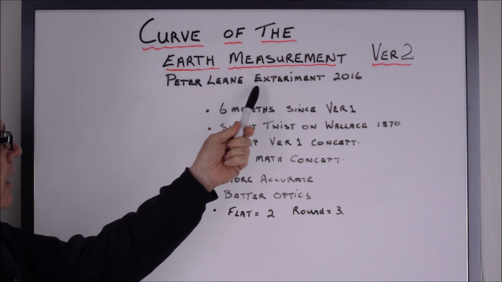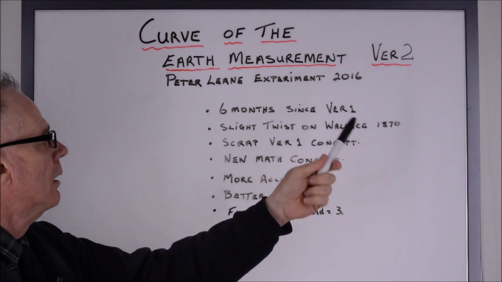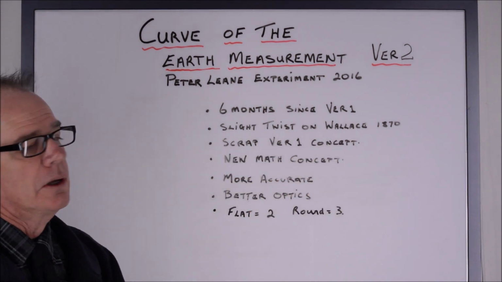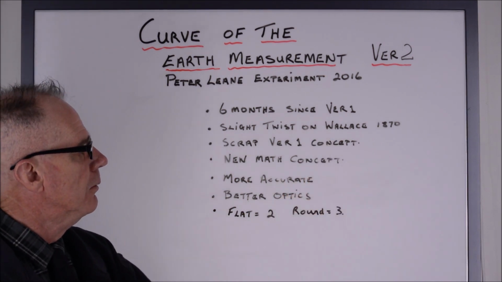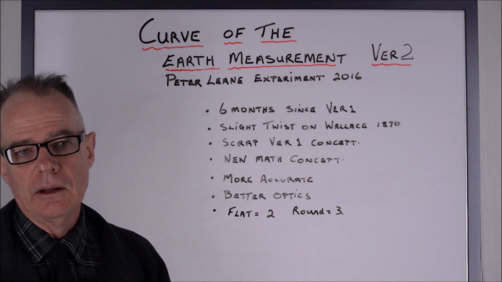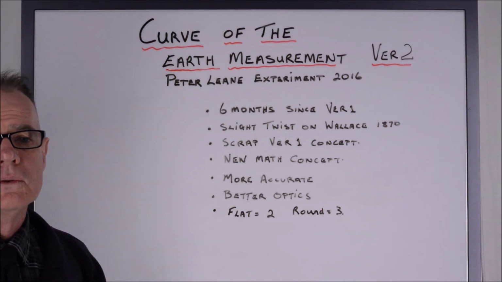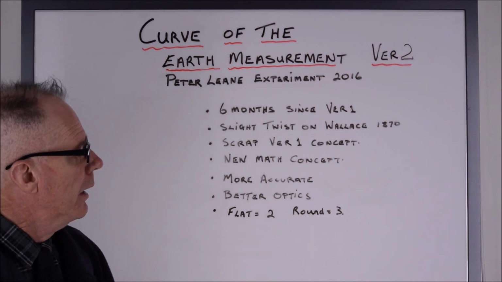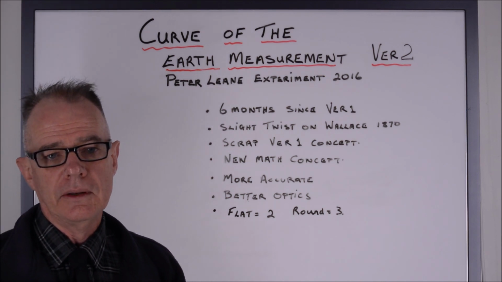I'm calling it an experiment now because it's a slight twist on the Wallace experiment of 1870, when Wallace proved that the Earth had a curve in it. But that experiment is very controversial because the person who was his opponent at the time, Hampden, would not look into the telescope on the day of the experiment.